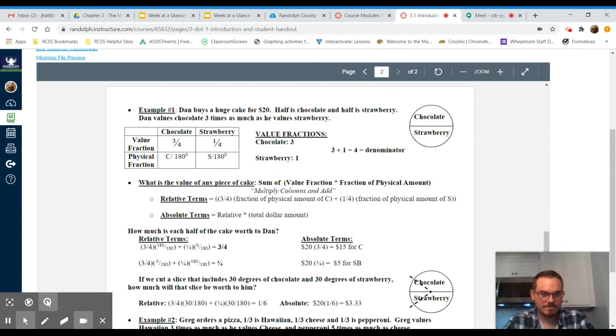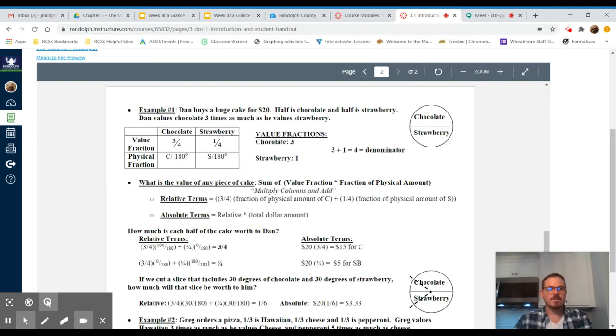Think about that. It's half and half. How did I come up with 3/4? If that is half chocolate, half strawberry, and he defines chocolate as 3 times the amount, we come up with 3/4 is the value fraction. Why?